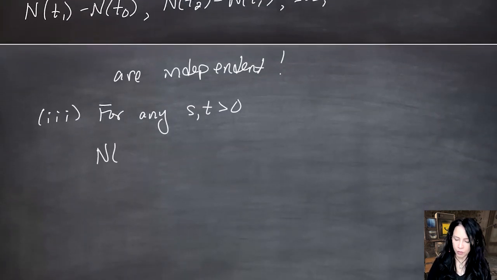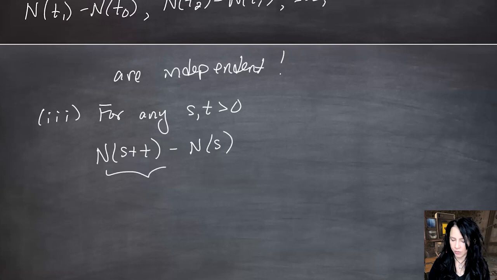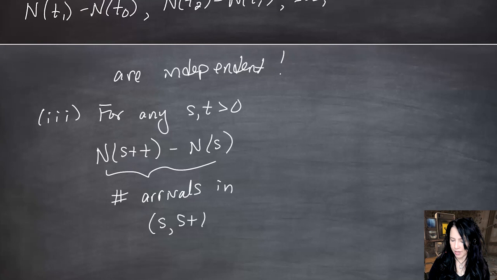The number of arrivals in the interval of length t that starts at s. So this is a random variable, and it's the number of arrivals in the open interval s to the closed t plus s, because the counting process is defined as the number of arrivals up to and including the time you're looking at.